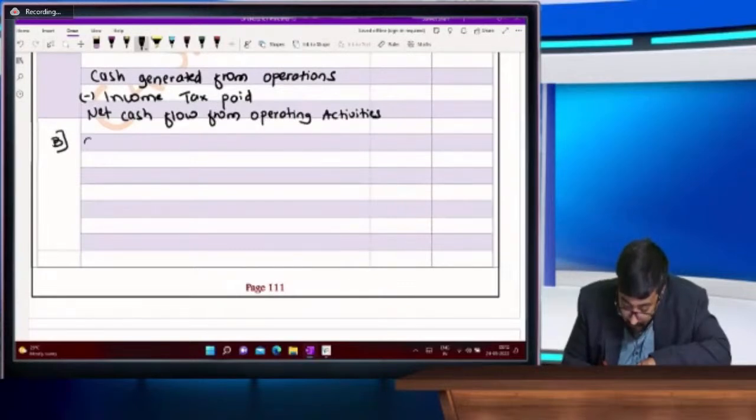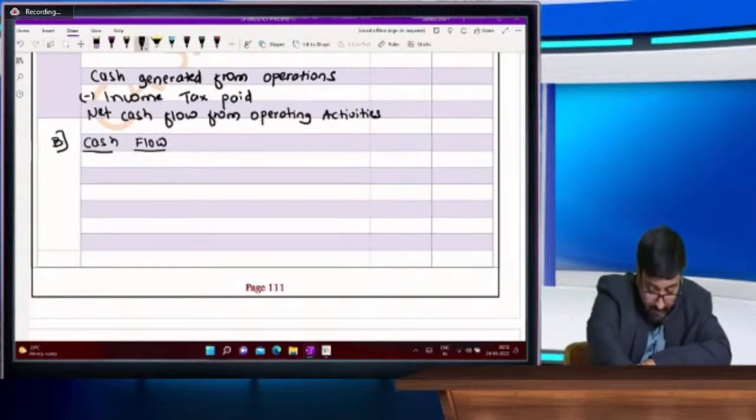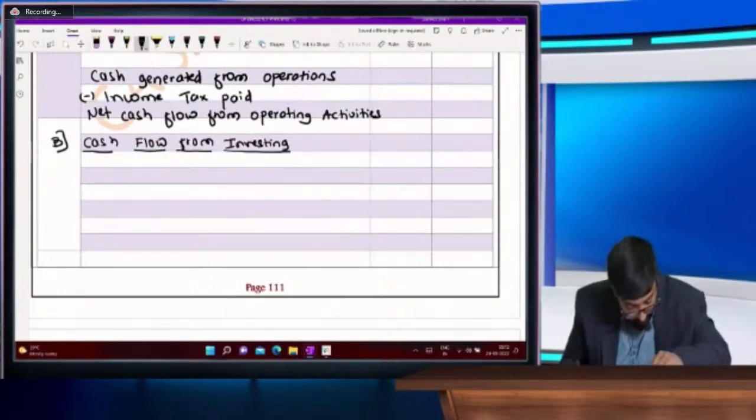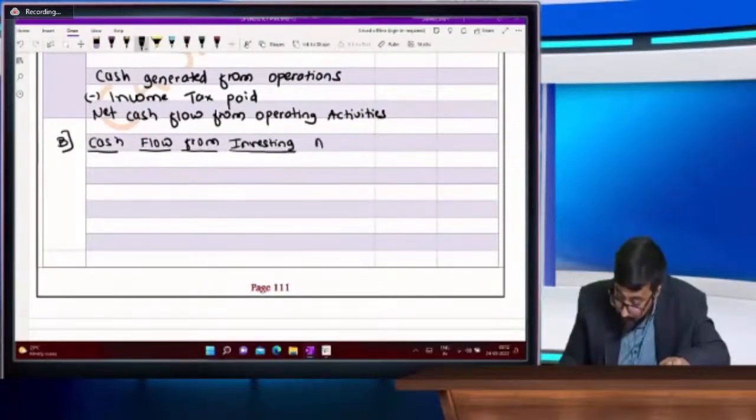B. Cash flow from investing activities. Cash flow from investing activities.